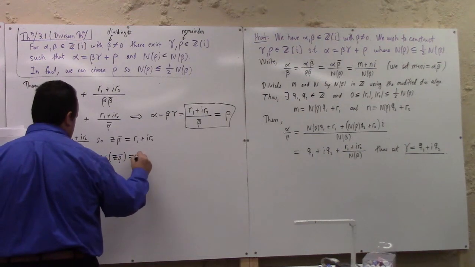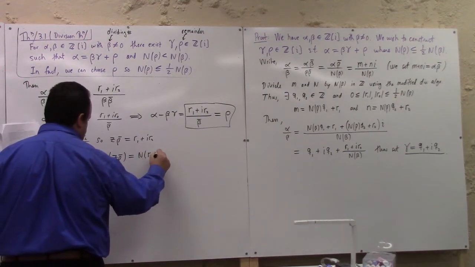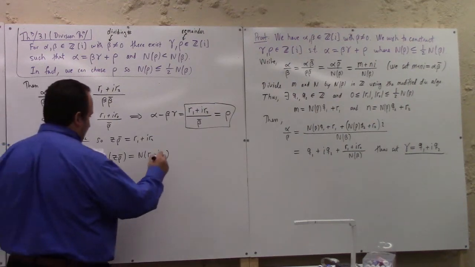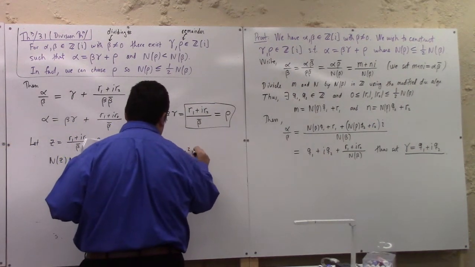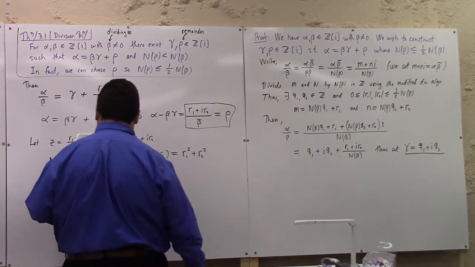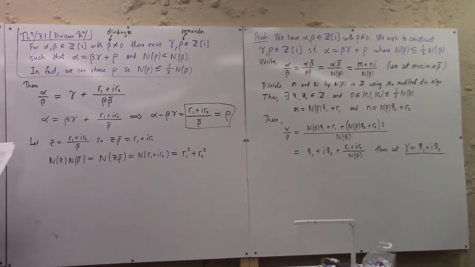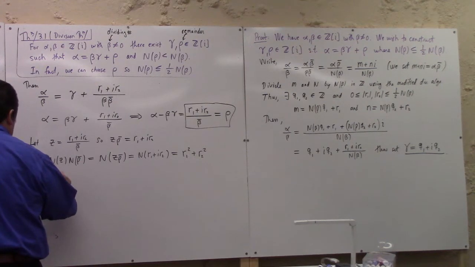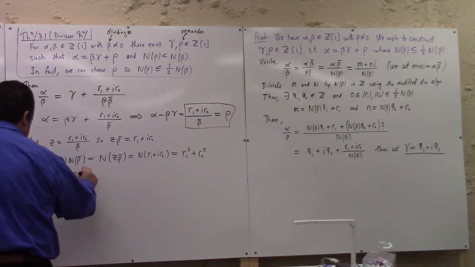By multiplicative property, which is the norm of R1 plus iR2, which of course is equal to R1 squared plus R2 squared. All right, I'll buy that. He says the norm of beta bar is equal to the norm of beta. Well, I'll also agree with that.